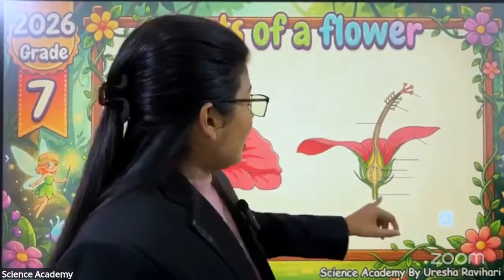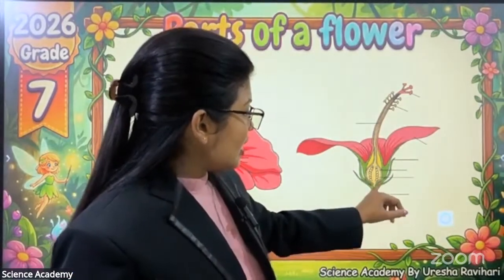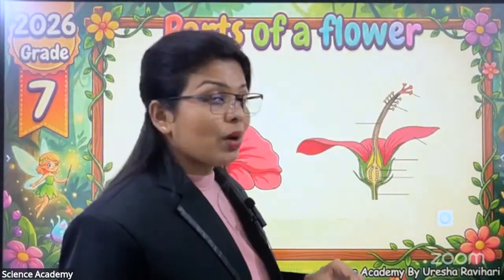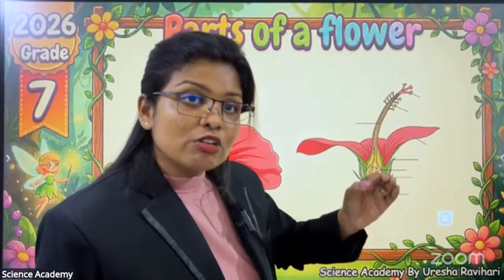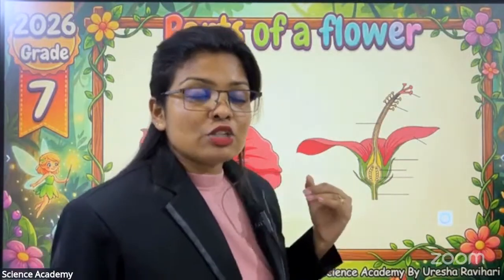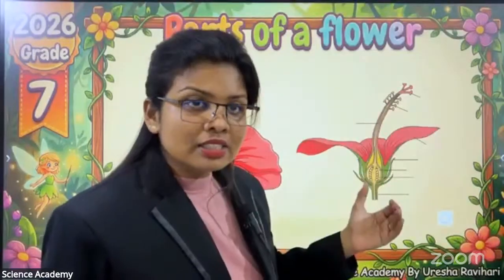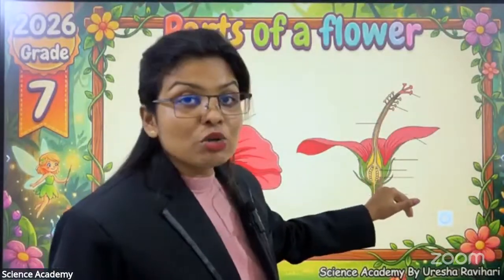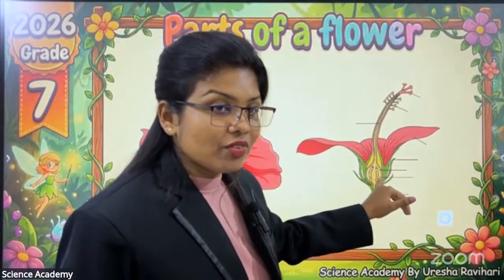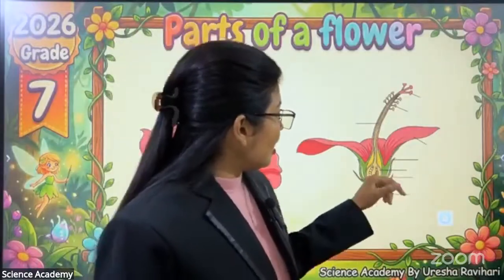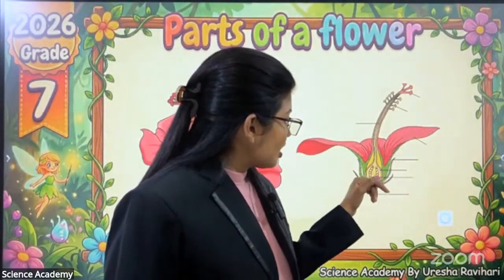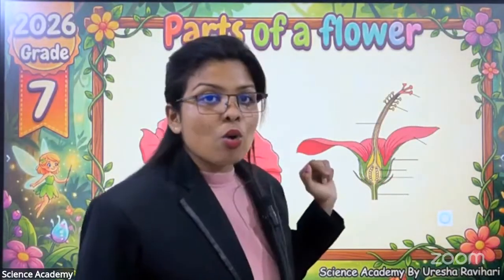Once again, this is the pedicel. These are ovules. In the plants or flowers which convert a flower into a fruit, in the future these ovules inside the ovary convert into seeds. And thereafter, this structure is called the ovary.